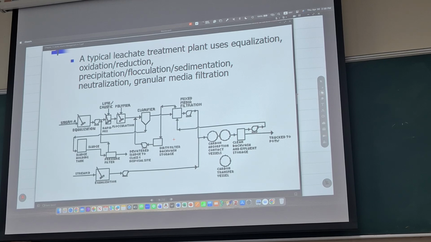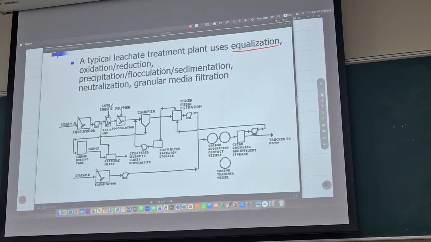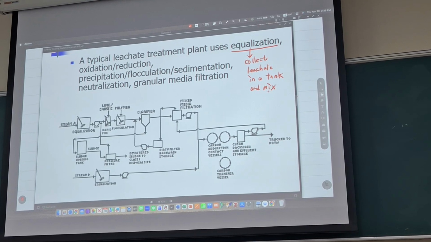Okay, so this is the typical lithium treatment plant. Some procedures. First one is called equalization. Equalization means collect lithium in your tank and mix it.